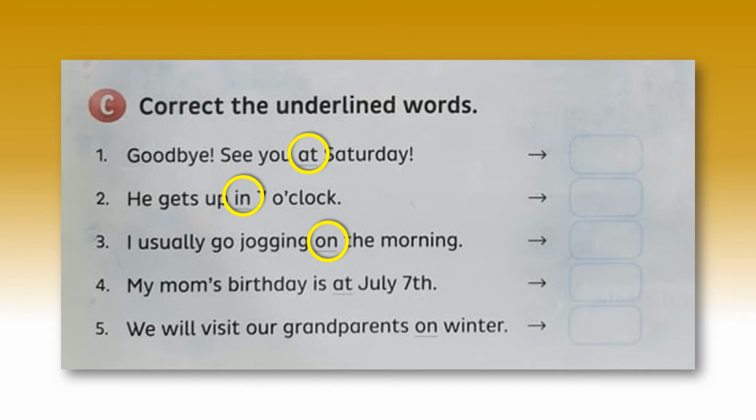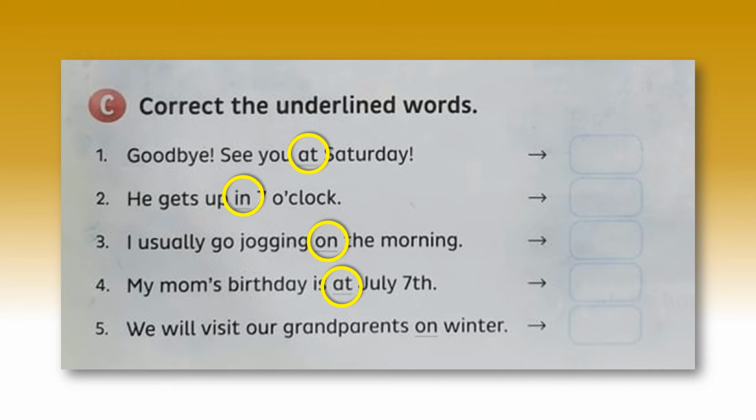Number 4. My mum's birthday is at July 7th. At July 7th? That's not correct, is it? That's wrong. Okay, now I'm not going to tell you what you have to look at to get the right answer here. This is something I want you to think about for yourself, okay? Keep doing.